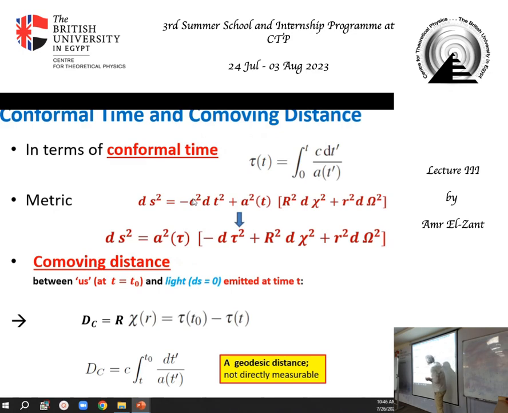They call it conformal because the scale factor, instead of multiplying only the space part of the metric, also multiplies the time part, all of it. So this is a conformal metric, because everything is multiplied by what's called a conformal factor. You take this definition of the conformal time, put it in, and you get a conformal metric.